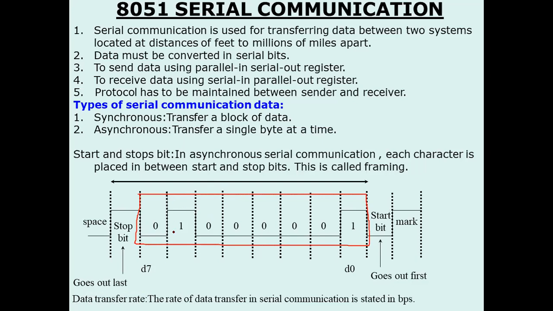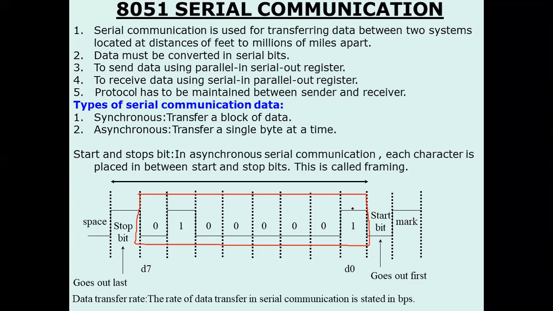Suppose this data is stored into the SBUF register: 0 1 0 0 0 0 0 1. Suppose this is the transmitter side. What happens during serial transmission?